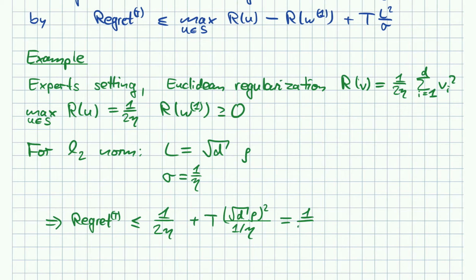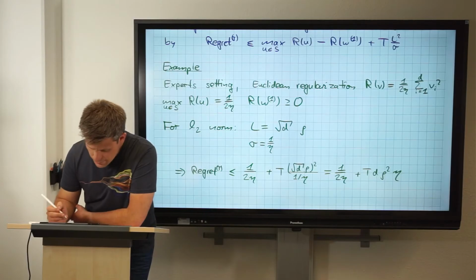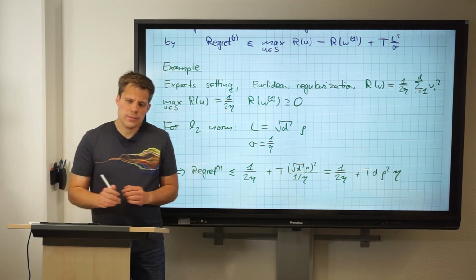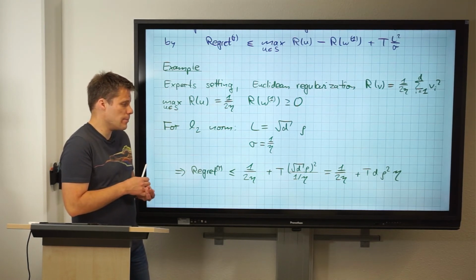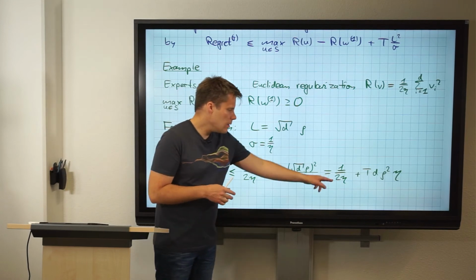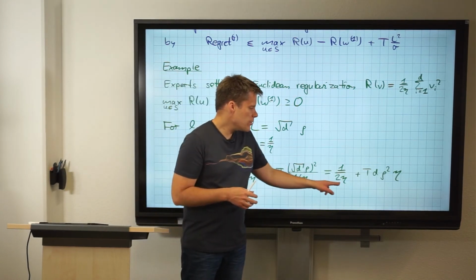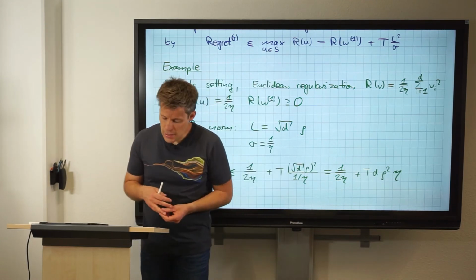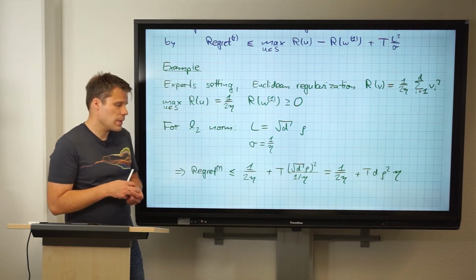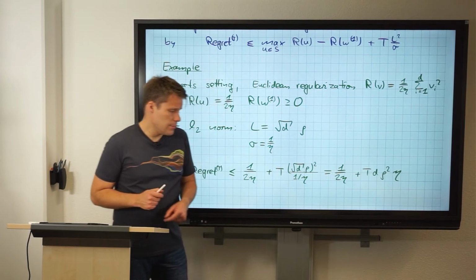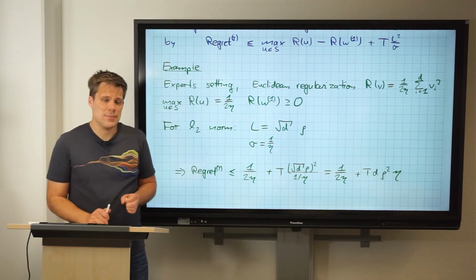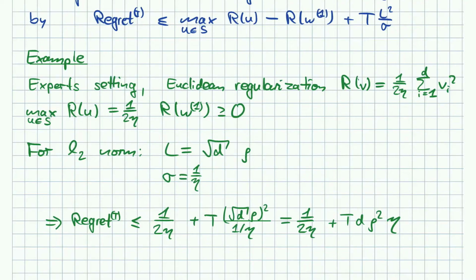So this is 1 over 2 eta plus T times d times rho squared times eta. I hope you realize that this looks very similar to the guarantee we had for the multiplicative weights algorithm. Depending on this eta, either the first term gets big or the second term gets big, and we can choose eta to balance the two off. If we choose eta so that these both get the same, then we will get a sublinear regret.